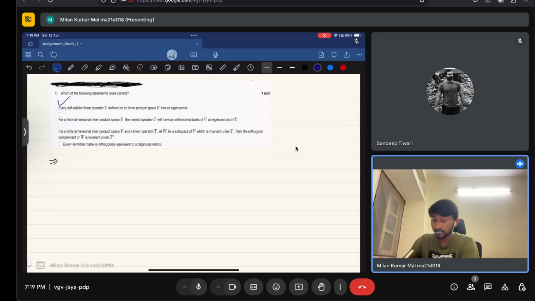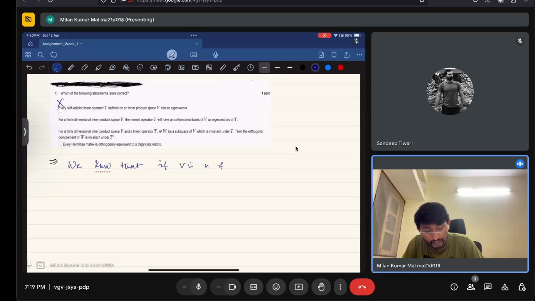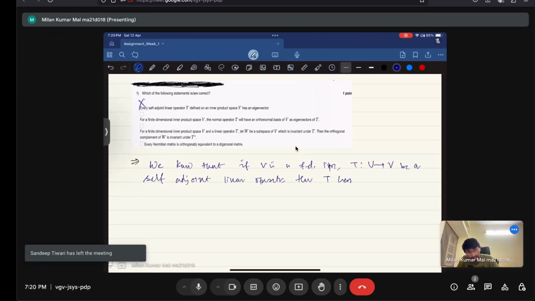Oh no, sorry, finite dimension. This is not true. We know that if V is a finite dimensional inner product space, and T from V to V is a self-adjoint linear operator, then T has an eigenvalue.